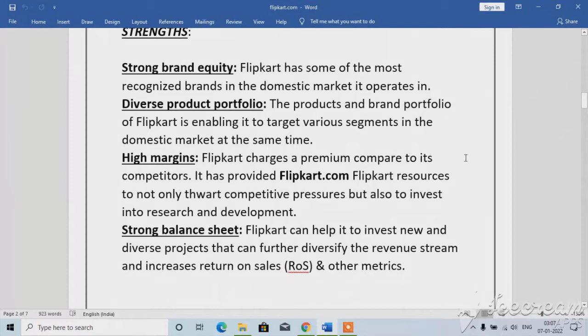High margins. Flipkart charges a premium compared to its competitors. It has provided Flipkart resources to not only thwart competitive pressures but also to invest in research and development. Strong balance sheet. It can help Flipkart invest in new and diverse projects that can further diversify the revenue stream and increase return on sales and other metrics.